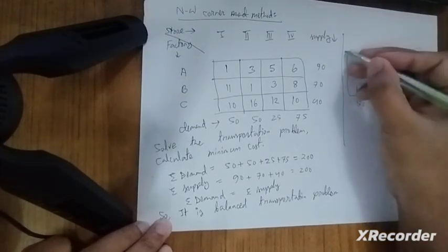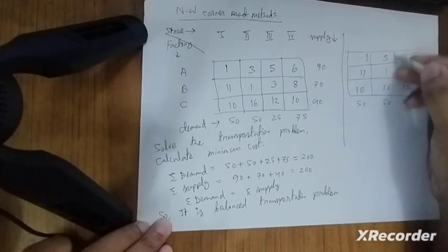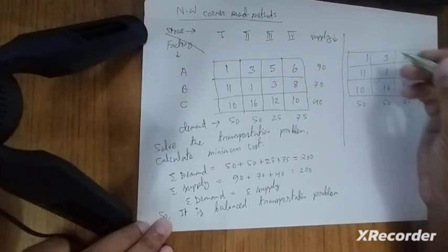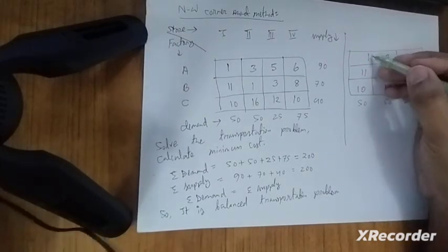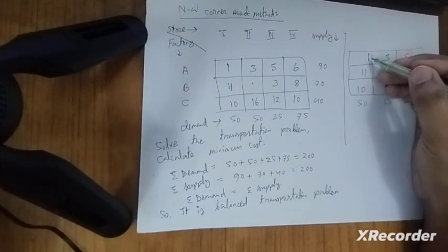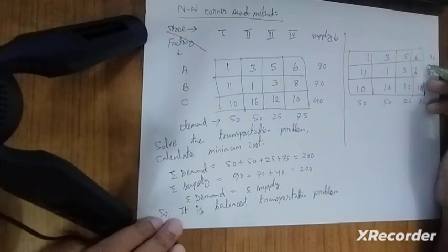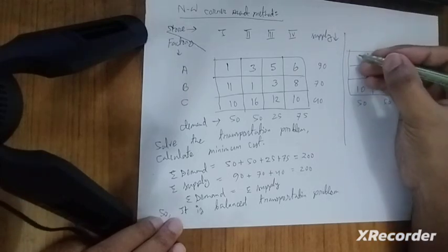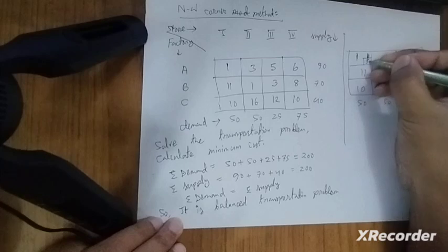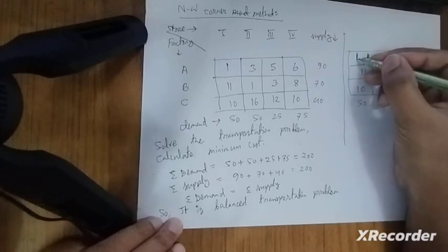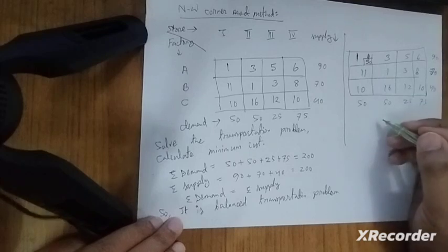Go to the top northwest cell. Between 50 and 90, whichever is less, we assign that value. The lesser value is 50, so we assign 50 to the northwest cell, the 1.